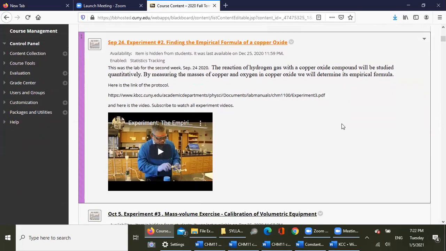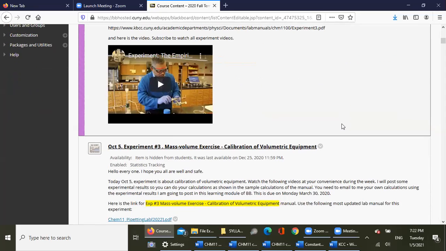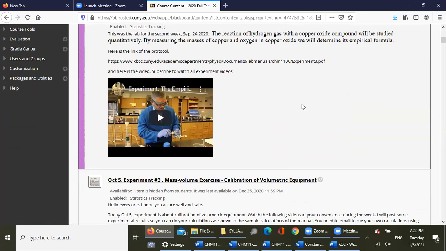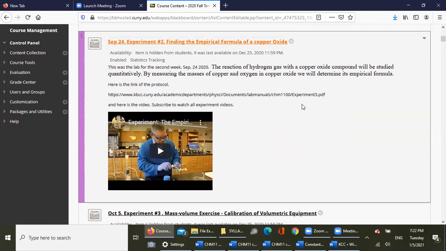This is number 3, but number 2, let me see. Okay, experiment number 2 is going to be finding the empirical formula of copper oxide. So you will see the video here. The only thing you have to do is go to the website, download the manual for this experiment, and come back to the Blackboard and open this link.